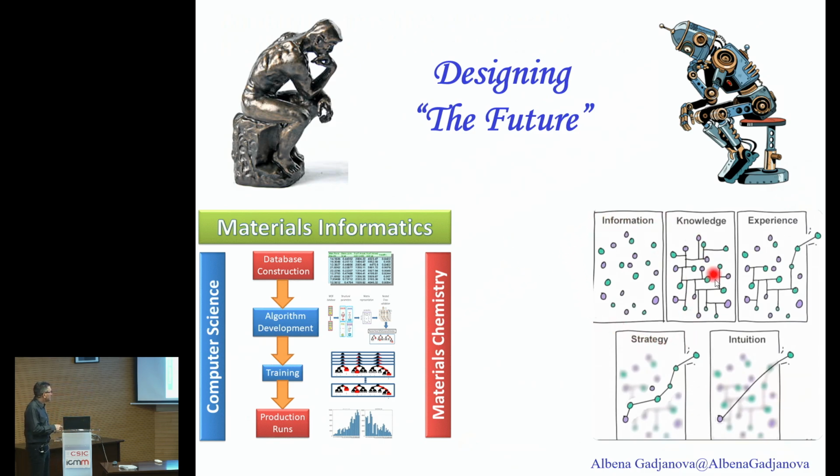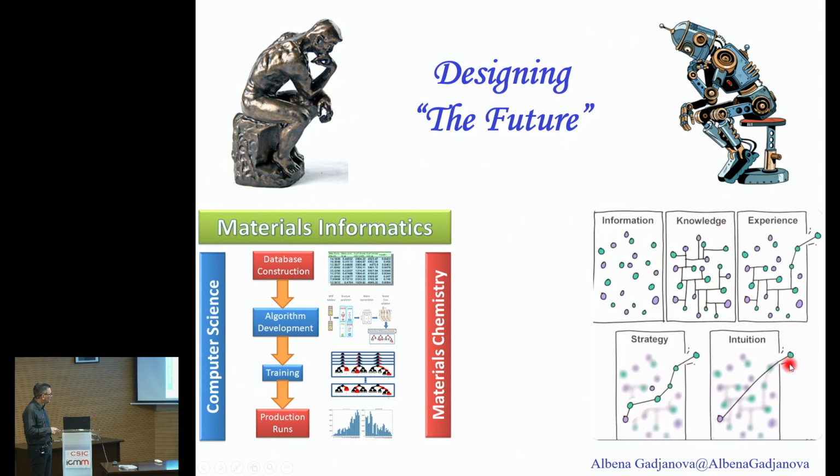The problem is that I found this picture on the internet. These are scatter plots, this is information. The knowledge is how you connect the information in your mind. Experience is how you will use this information to do something new. Strategy is to find the correct path to go to this one.